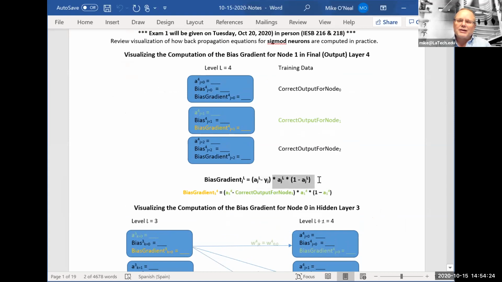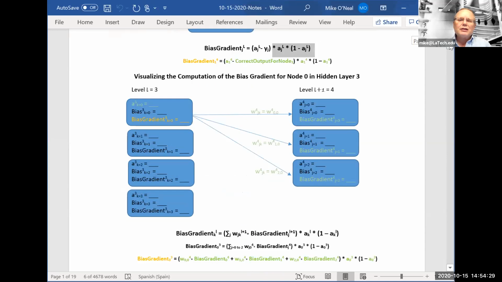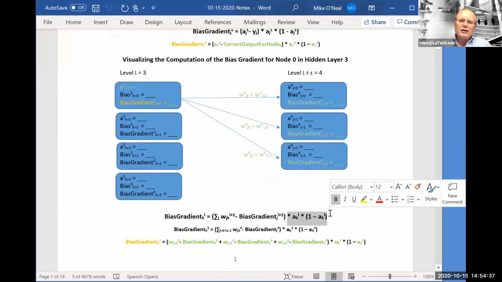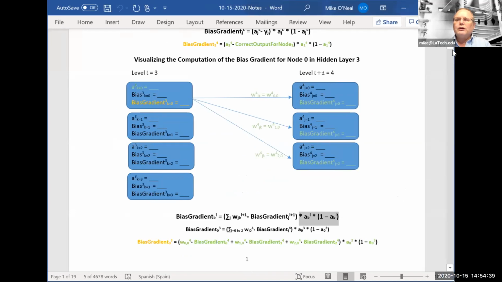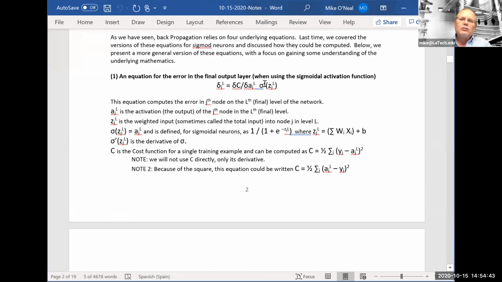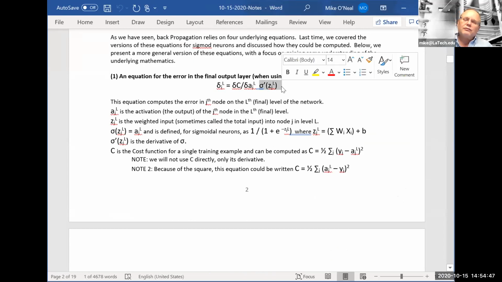What about all this other mess here? And interestingly, you see that same mess there and here. You see that exact same mathematical phrase. Well, where does that come from? Well, if we go back and look at the equation, that is going to be the derivative of the sigmoid function.